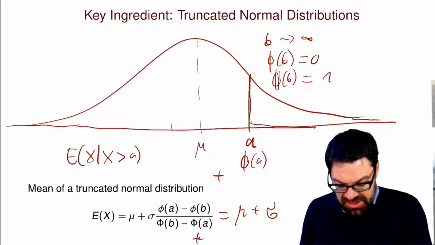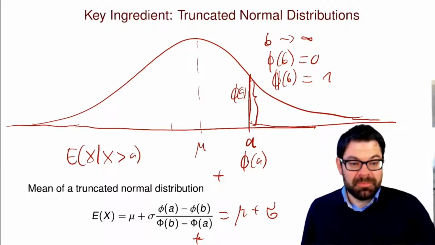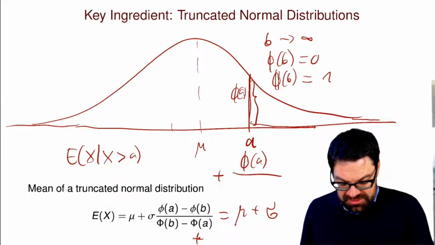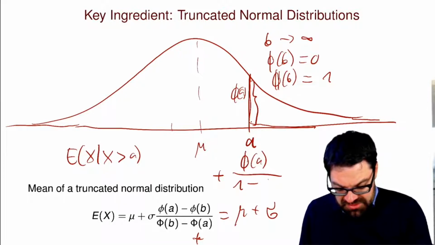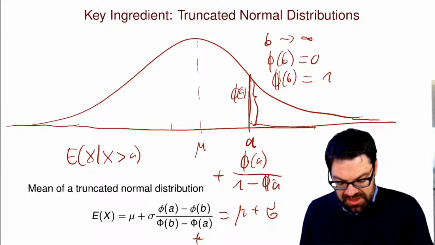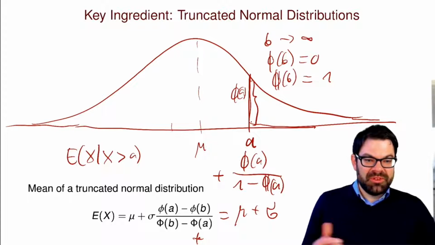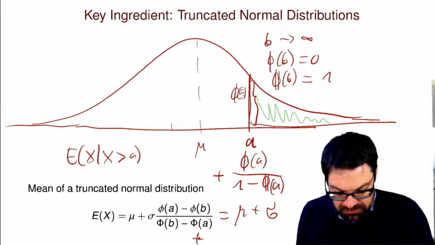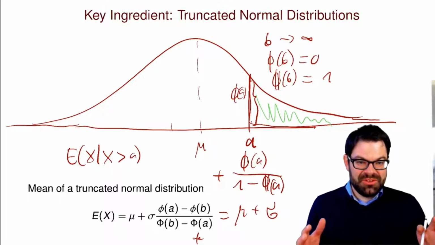It's the density of A, so that's phi A. That's what we have here, divided by the cumulative density of plus infinity, which is 1, minus phi A, the density that we have up until A. And so the idea is that the numerator here is the surface of that green part of the distribution.